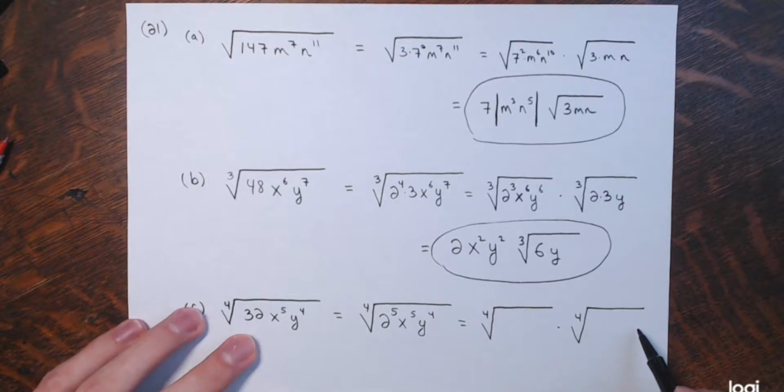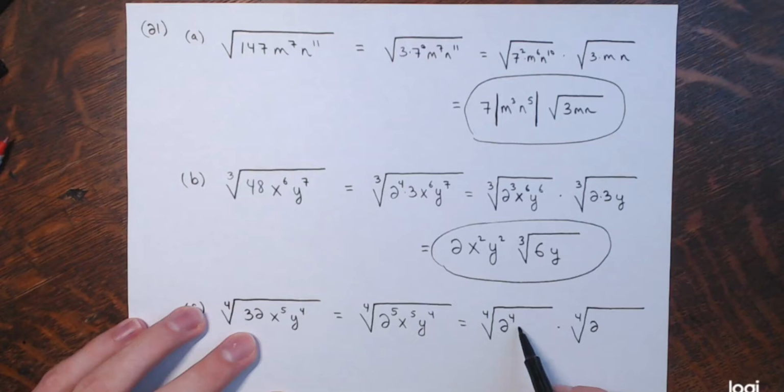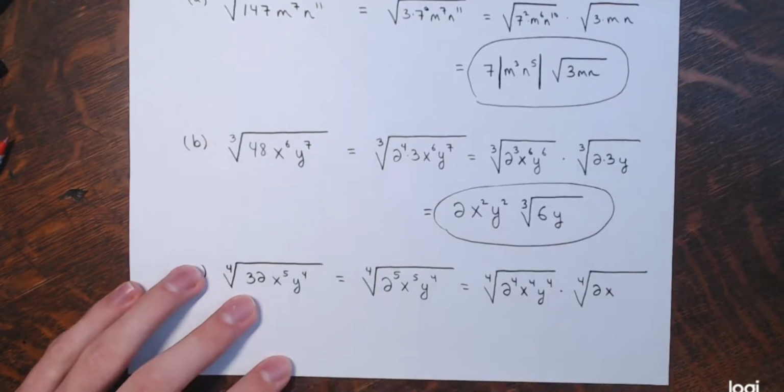Things with powers less than 4. 2 to the 5th can be broken up into 2 to the 4th, right? A 4th power times 2 to the 1st. X to the 5th, same way. X to the 4th times x to the 1st. And y to the 4th is a 4th power, just y to the 4th there in the 4th power radical.